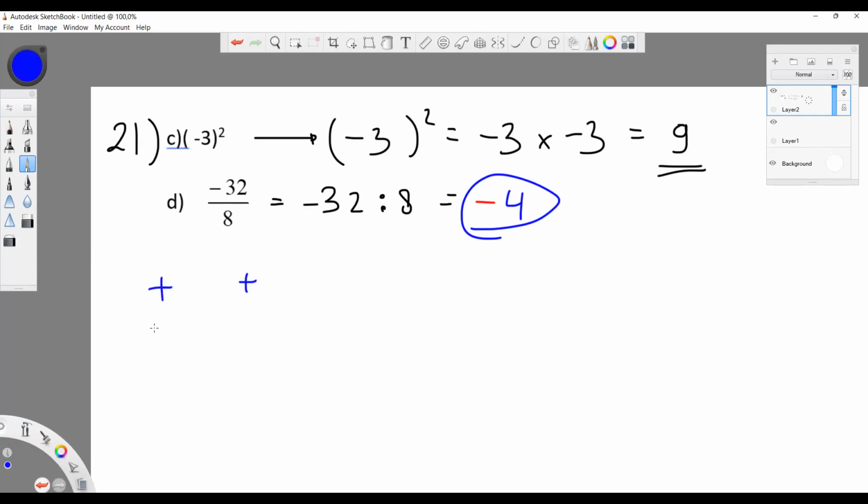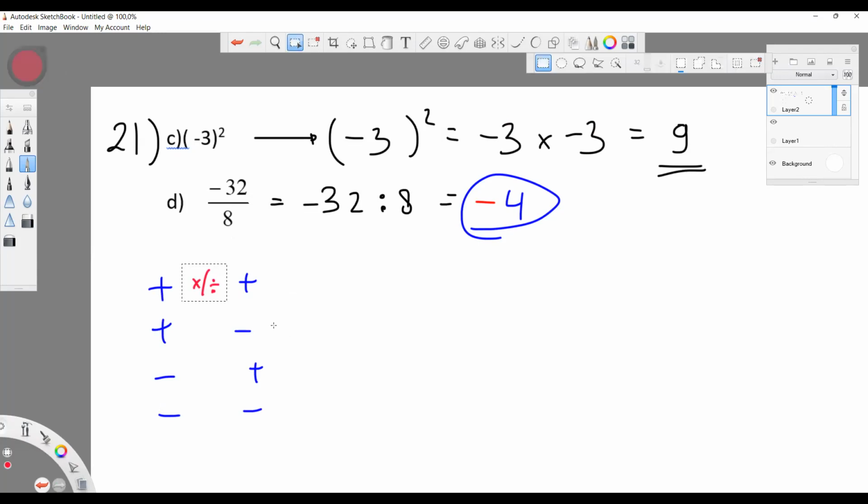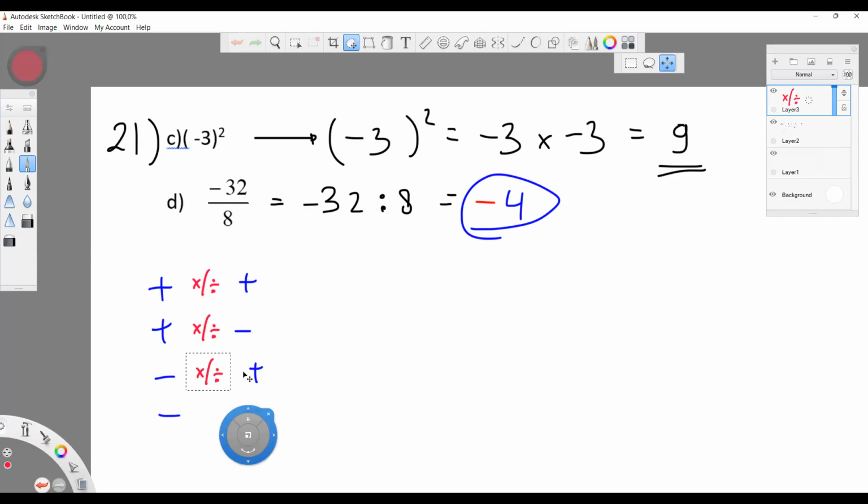No. Okay, so this is the easiest way to memorize. It can be either multiply or divide, depending on the question, but the formula is actually the same. Times or divide, okay? So a positive number times or divided by a positive number and so on. We have 4 possibilities.